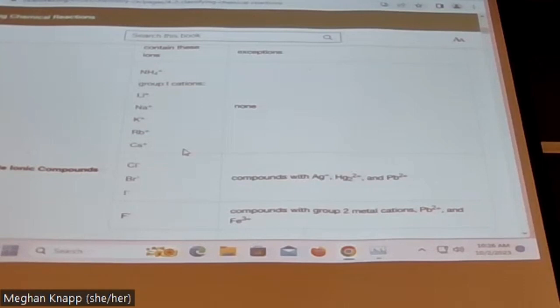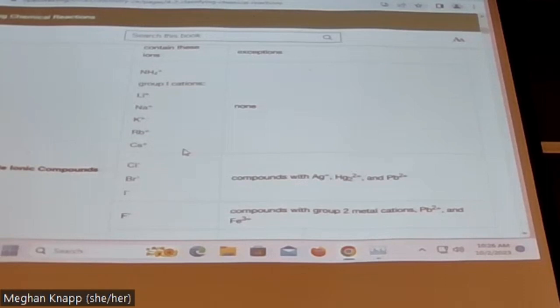Now it says anion, so we are looking at things with a negative charge. Outside of the group 1 cations, most of the ones that we look at are going to be in group 2, or they're going to be ones that are usually insoluble. So that leaves most of the transition metals.